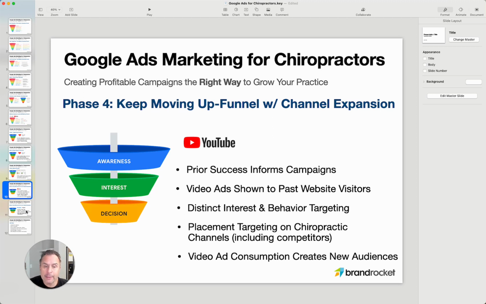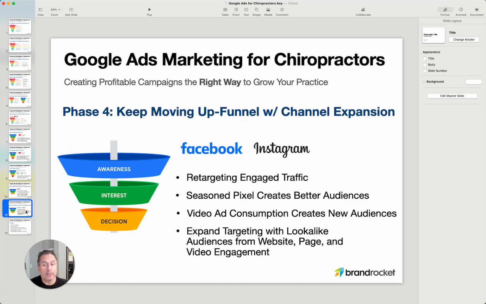And then, by the way, this is about Google, but it continues over into Meta or Facebook as well. So you can use this data to also inform your Facebook, Instagram, other types of campaigns, and retarget on that existing traffic. So we've already pulled in really high intent searches for people that are looking for help now, and maybe they're not ready to make that decision, but they've come to your website.